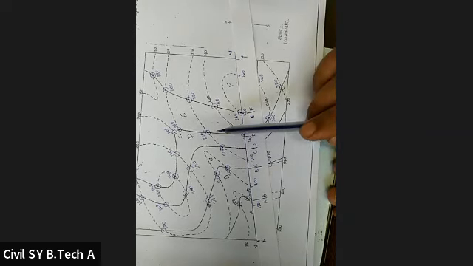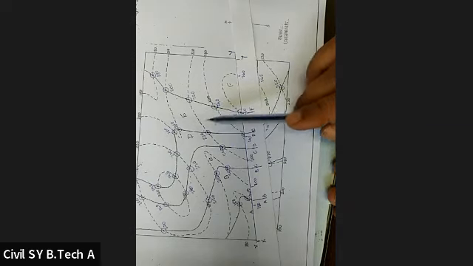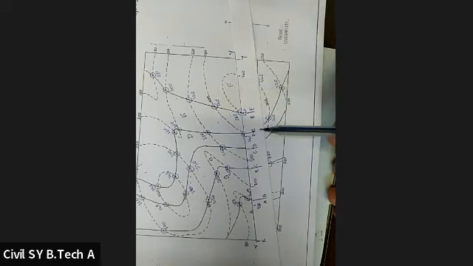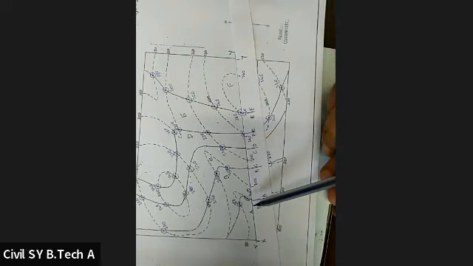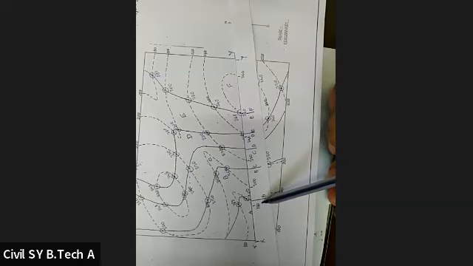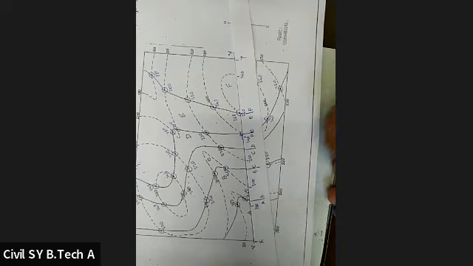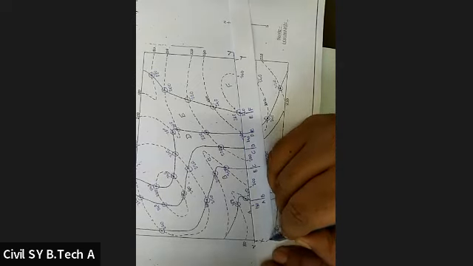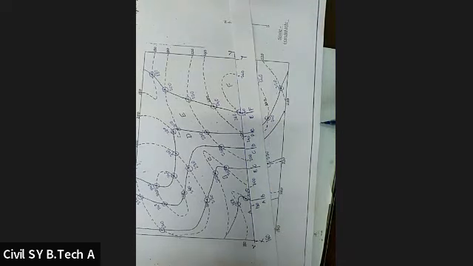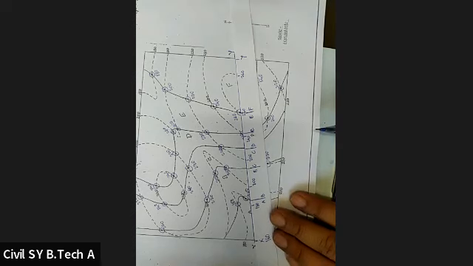When we check the contour interval, the contour interval in this map is 20 meters. That's why I will take the elevation related to this adjacent elevation. It is 180. 180 minus 20 will be 160. So like this we have to assume the elevation of x, and it will be 160.